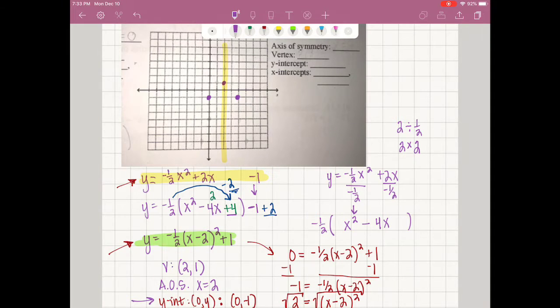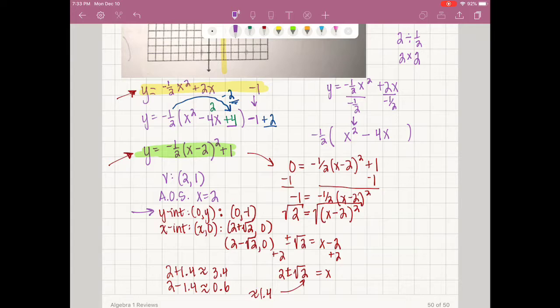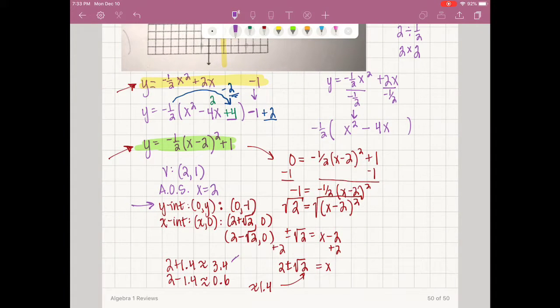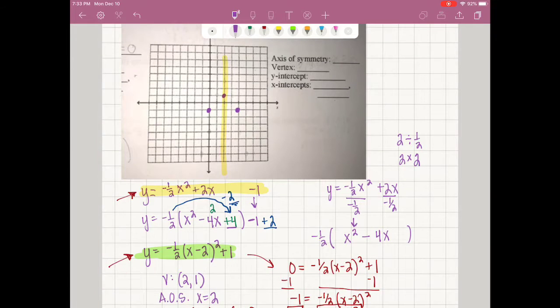So I've got those points right there. We saw for the x-intercepts, they were about 3.4 and 0.6. So about 0.6, 1, 2, 3.4-ish. So we have a graph that's looking like this.